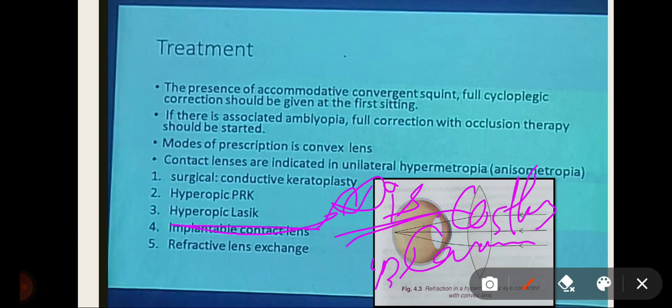Some blurring of vision will occur if one forgets to remove these contact lenses before bedtime. In the morning, the patient may have blurring of vision because our cornea absorbs nutrients from the air, from the outer environment. It has no blood supply.